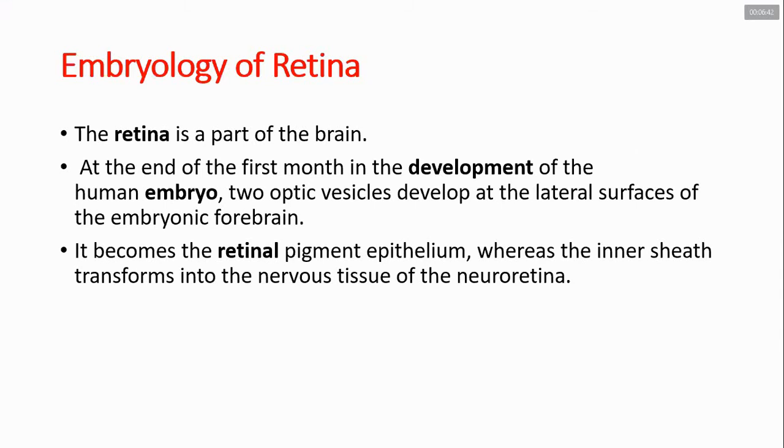Coming to the embryology, we have discussed it in the earlier section, but still a quick revision about the retina. Retina is a part of the brain, a part of the central nervous system.